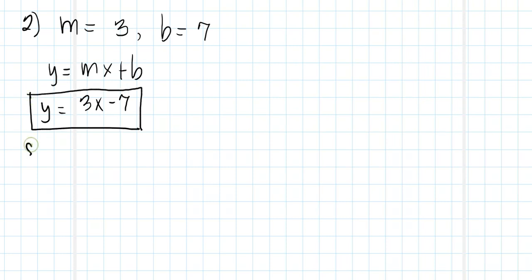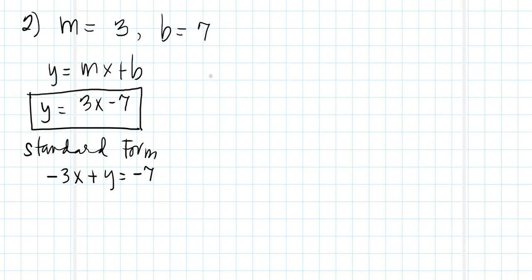Therefore, in the standard form, we have -3x plus y is equal to -7. Okay, so this is the easiest way to find the equation.